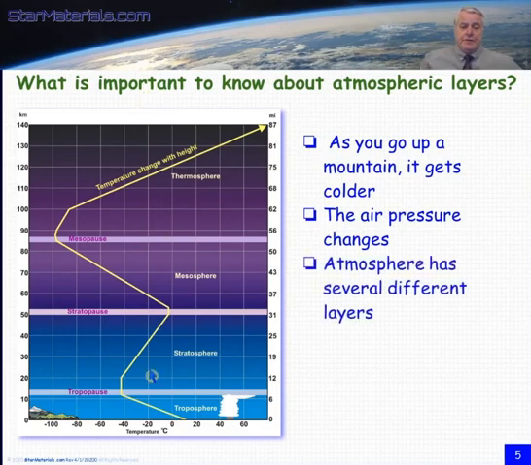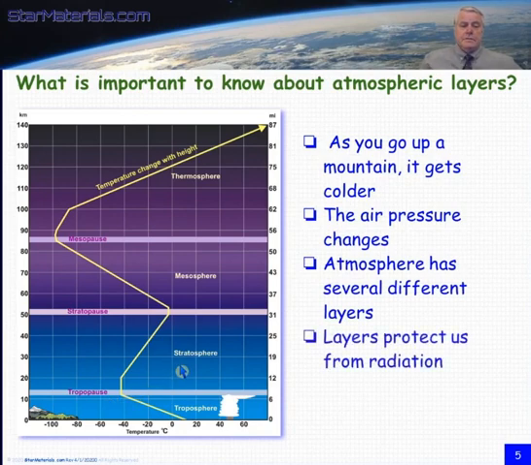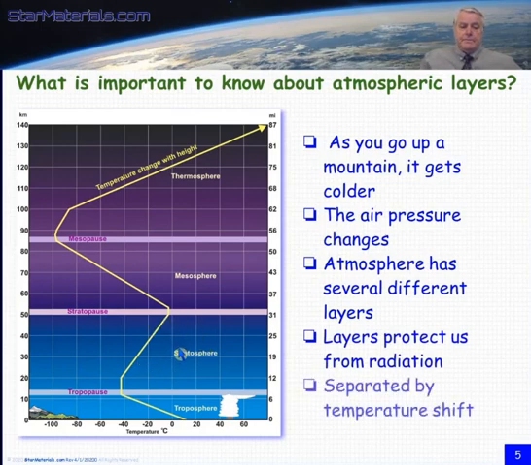Well, the atmosphere has different layers. And sometimes these layers protect us from radiation, and they're separated by the temperature shift. Down here in the lowest layer, as you go higher and higher up, look at the mountain here, the temperature goes down, down, down.